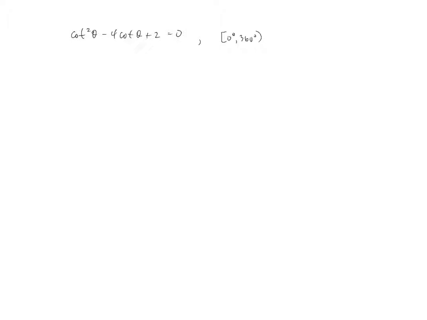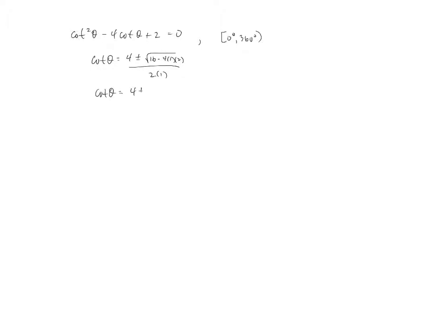So I think the quadratic formula would probably be pretty easy. Actually, completing the square would be pretty easy too. But for what it's worth, I'll use the quadratic formula. So cotangent of theta equals negative b plus or minus the square root of b squared minus 4 times a times c, all over 2 times a.